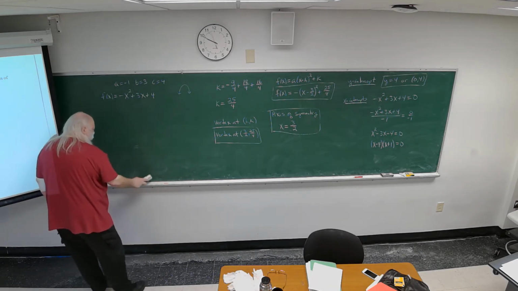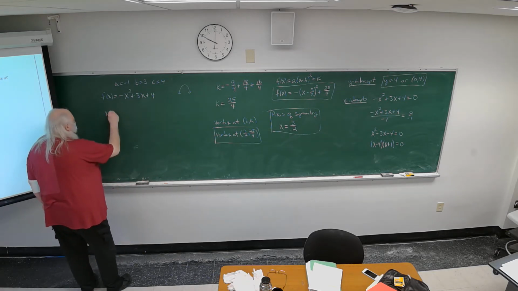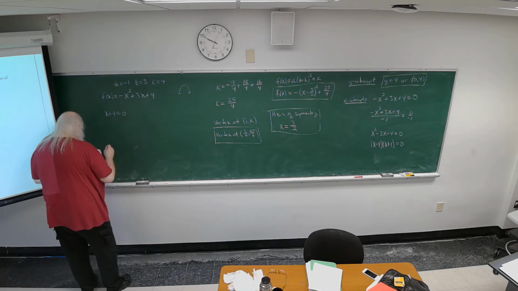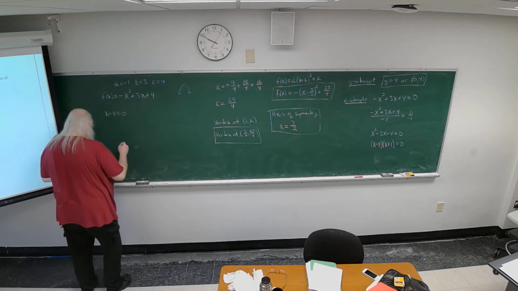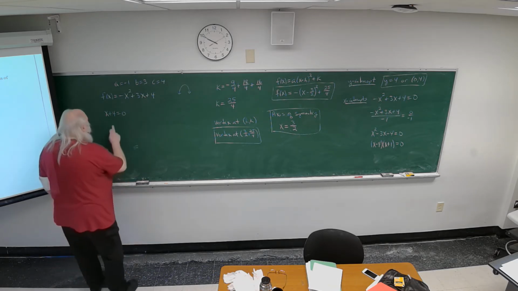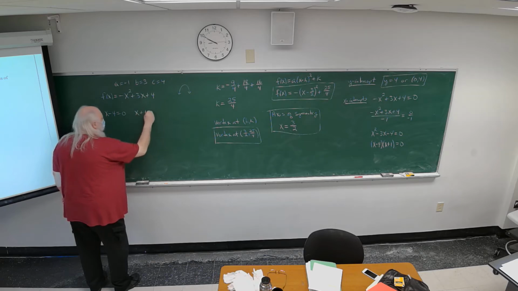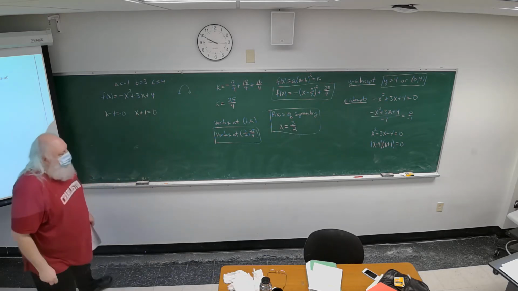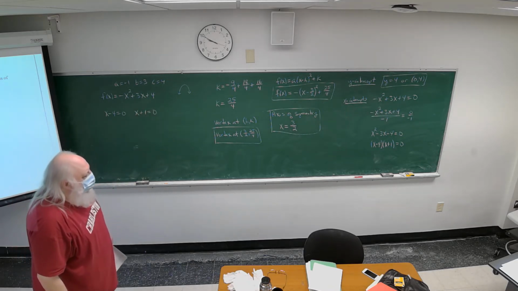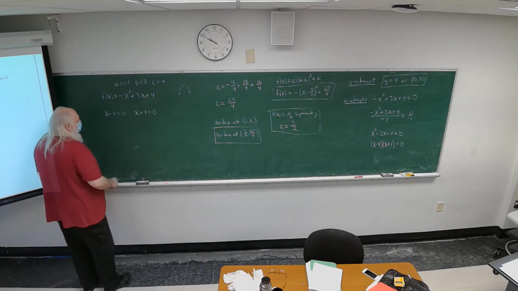And so now by the zero product property, either x plus 4 is equal to 0, or x minus 1 is equal to 0. Did I do that wrong? Oh, it's x minus 4. So either x minus 4 is equal to 0 or x plus 1 is equal to 0.